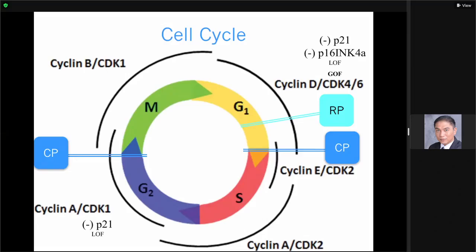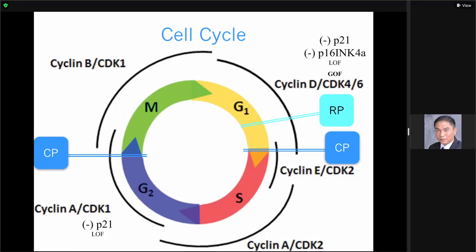So this is the cell cycle. So G1, S, G2, M. So meron tayong dalawang checkpoint, G1S at saka G2M. Here, kung pag-uusapan natin yung tumor suppressor proteins, P53 and RB.